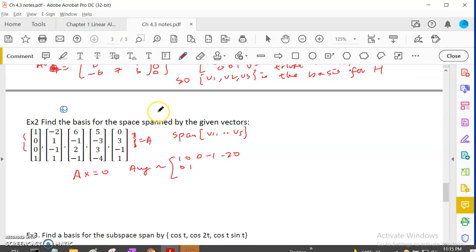So at this moment, we are not trying to figure out if this set is a basis for R4. We just want to span these vectors out, and then see which is the minimum that can span that.